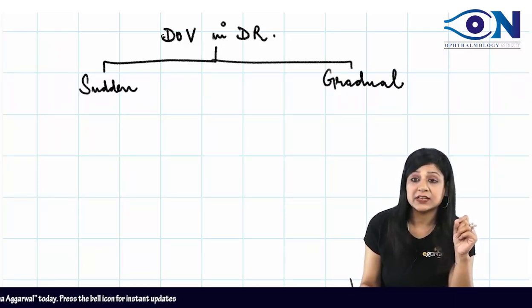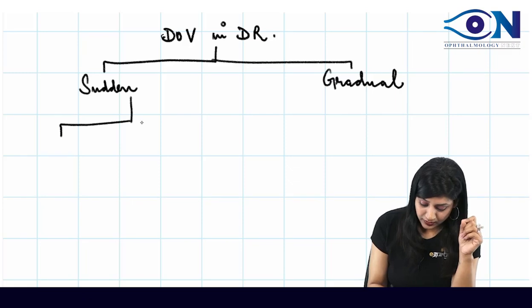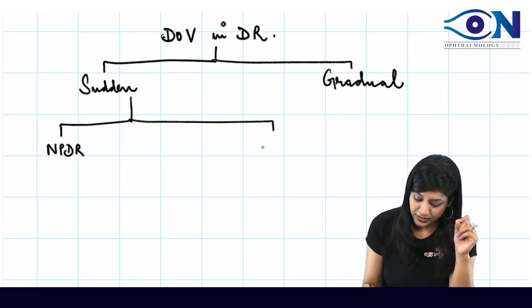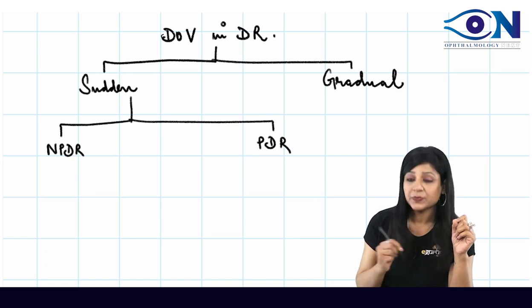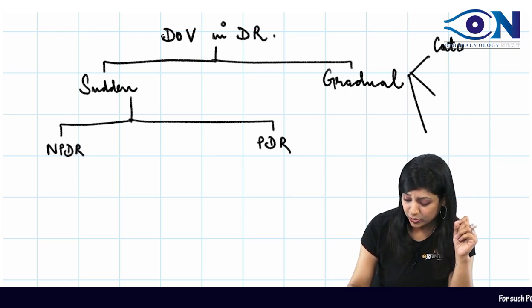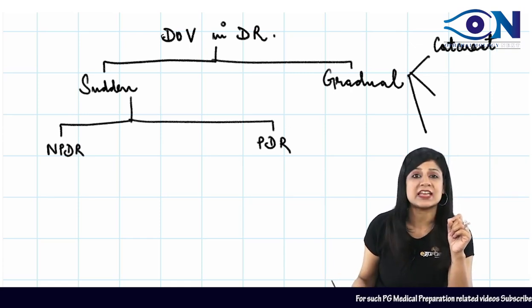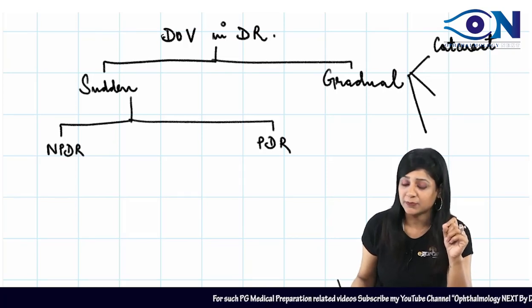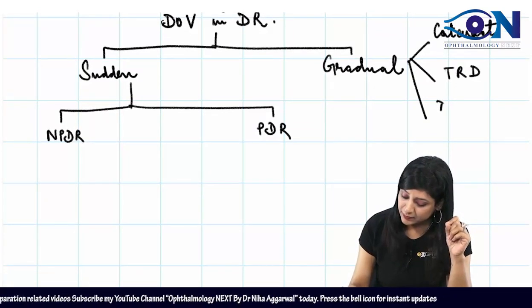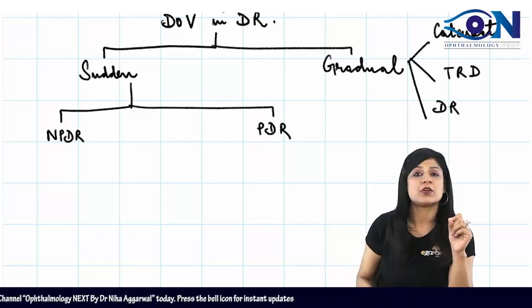If it is a sudden diminution of vision, it can be in NPDR or in PDR. Gradual diminution of vision is due to three things. One is cataract. Now you have to tell me in the comment section which cataract is most common in diabetes. Number 2, TRD, and number 3, diabetic retinopathy itself can also cause it.